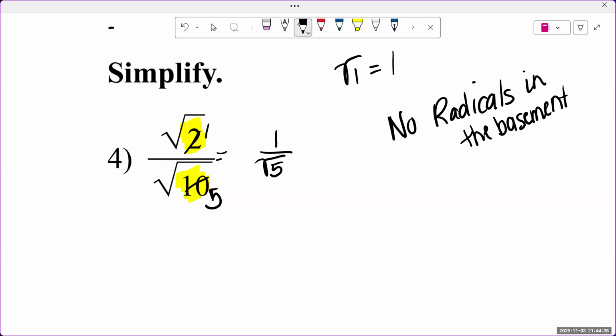Now we need to rationalize the denominator. No radicals in the basement. So we're going to multiply by the denominator over the denominator. So rad 5 over rad 5.